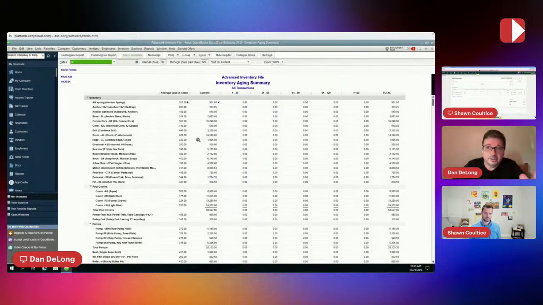And you have the choice to do it proportionally based off of the items that were received or the value, in your example there, of how you want to spread that cost across those bills and those items.